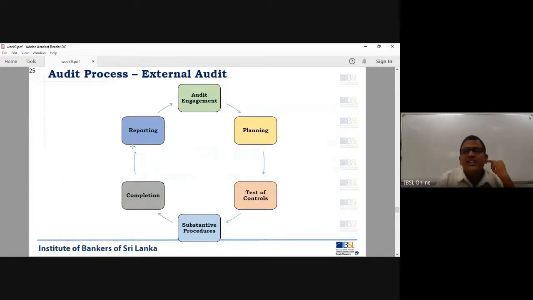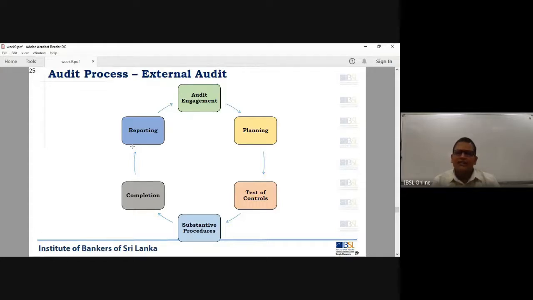And on the audit process and external audit, like the financial statement process, where we saw how financial statement reporting happens, here also, first they will appoint the audit engagement, then plan the audit, test the controls and substantive procedures, then completion and reporting.